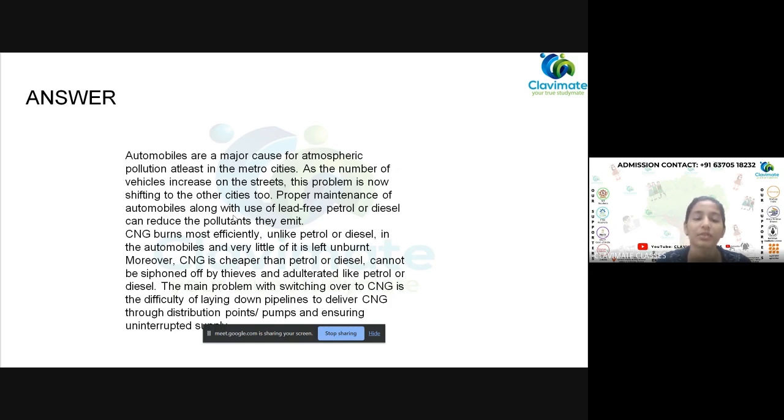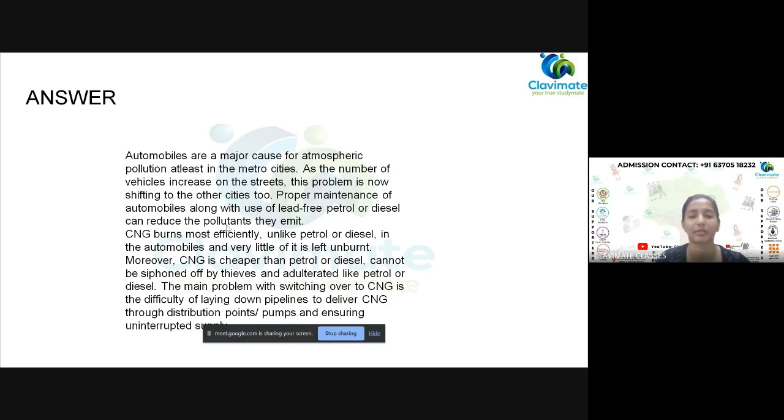There's a very good point written here: CNG is cheaper than petrol or diesel and cannot be siphoned off by thieves and adulterated like petrol or diesel. In board examinations, it can be asked why CNG is preferred over petrol or diesel. It can be a two or three marks question.